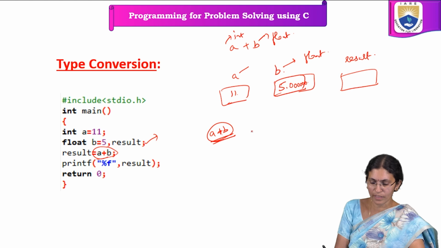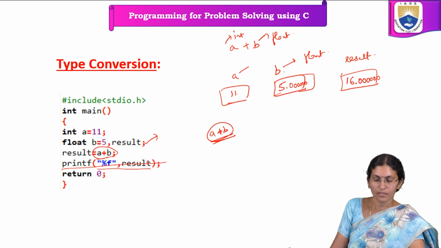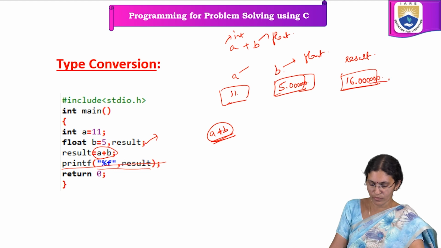Now the addition of 11 and 5 is 16, so 16.000 will be the output. When you try to print the value of the result, you will get the answer as 16.000000. So this is the output.